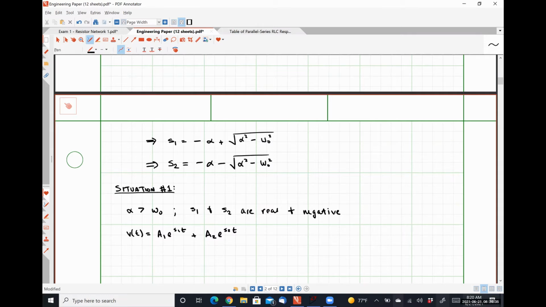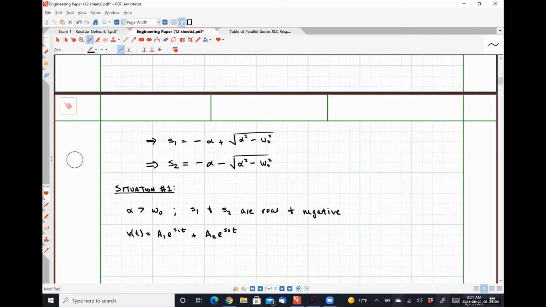Effectively, one of the coefficients is due to the initial condition on the current flowing through the inductor, and the other is due to the initial voltage across the capacitor. So I have two energy storage elements, each having an initial condition, and those initial conditions show up as, or are related to, coefficients A1 and A2.